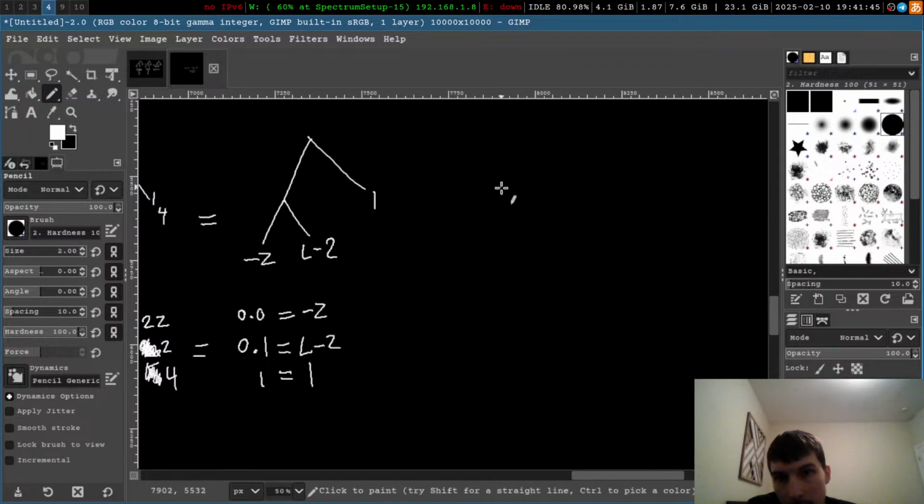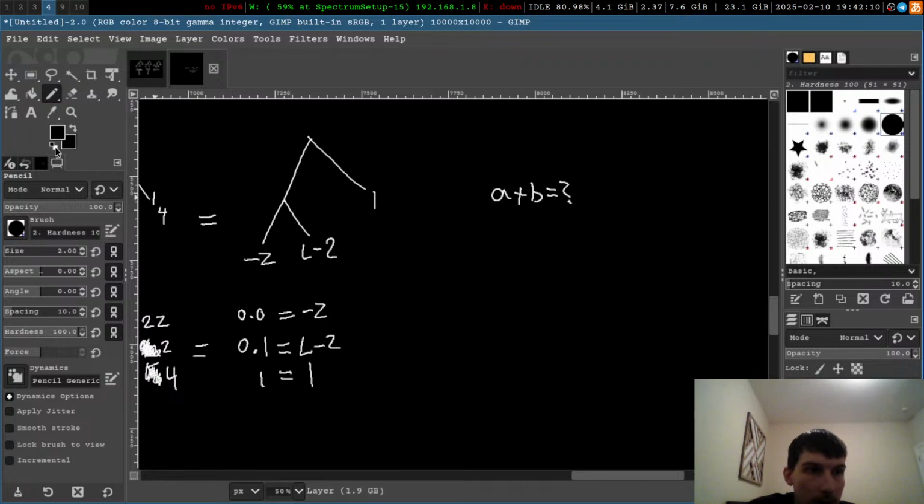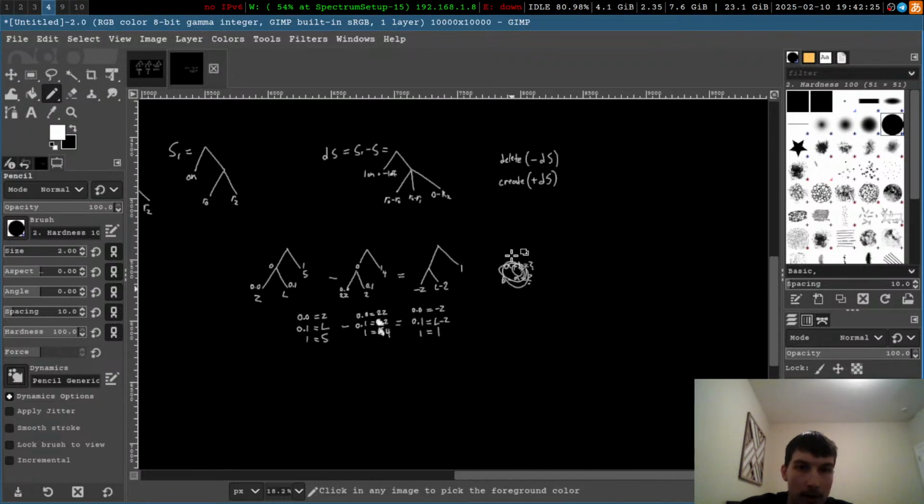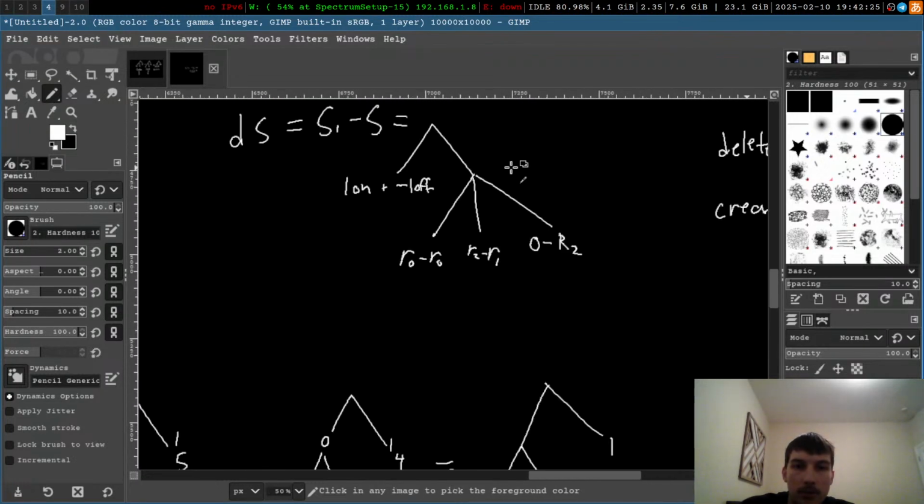We just want to describe a plus b equals c, and then we want to describe subtraction. We're trying to describe a plus b equals something, and then b minus a equals something. These are just the semantics we're trying to create, and yeah, this is it.